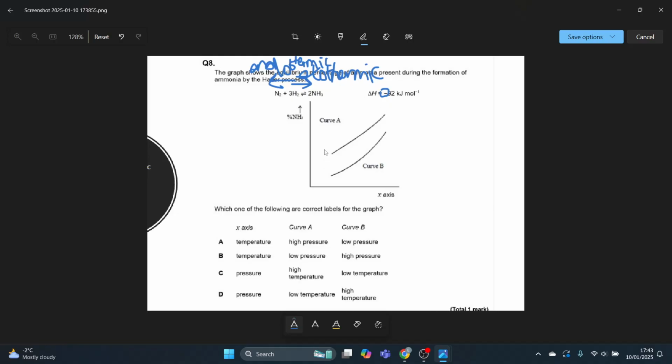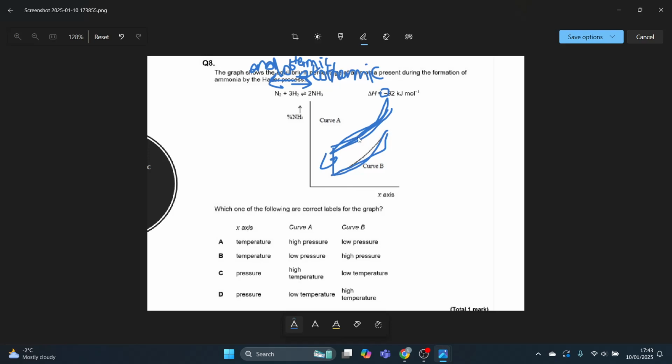We can see the curves for the graphs. Curve B clearly is significantly lower than curve A. Curve A has a nice peak to it. Not peak, but you know what I mean.